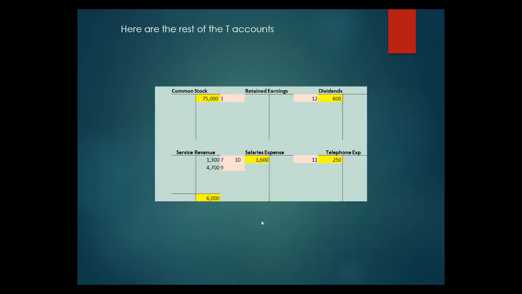And here's the rest of the transactions. You can see that retained earnings is empty. That is because this is the first month of business for Emerald City Design, so there's no activity. There will be in future months, but not this first month.